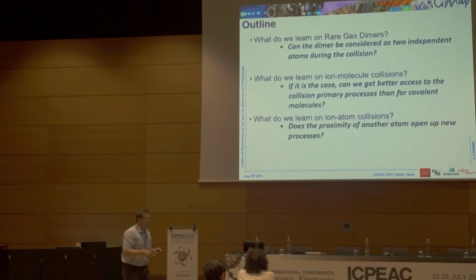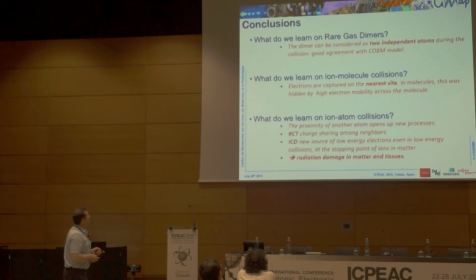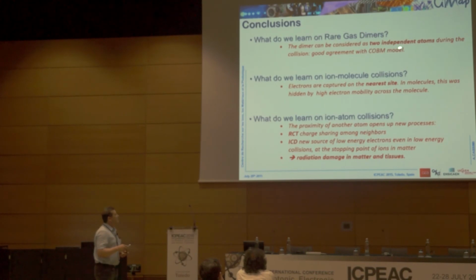So this was my outline reorganized. Did we answer the questions? Let's say, what did we learn on rare gas dimers? Well, we could say that assuming the two independent atoms is a fairly good approximation because of the agreement with the atomic model. What do we learn on ion molecule collisions?